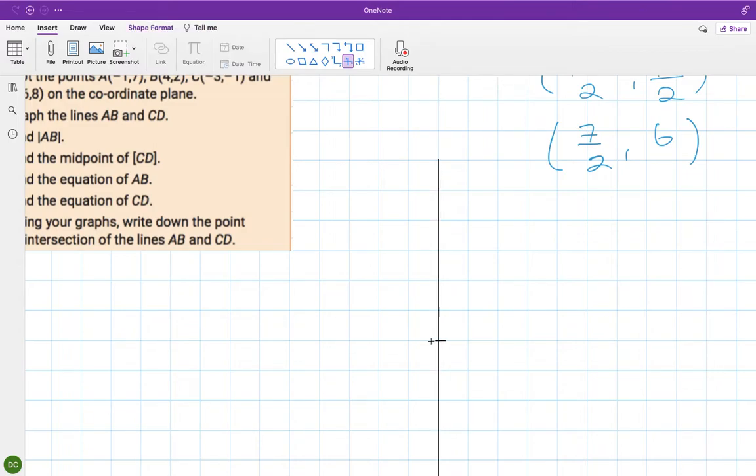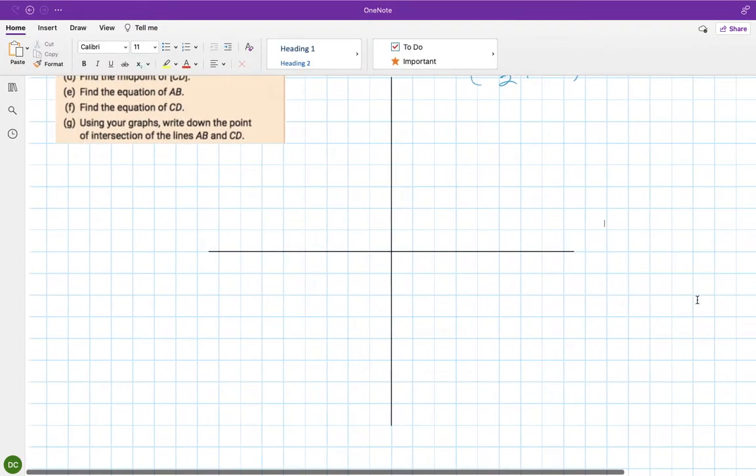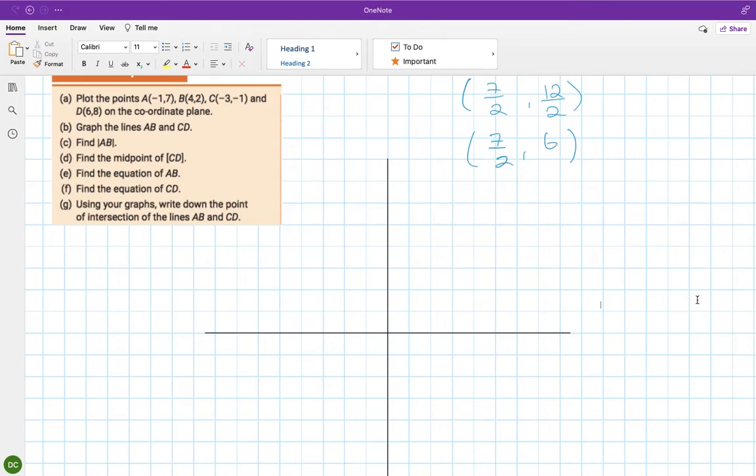So 1, 2, 3, 4, 5, 6, 7, 8. And then 1, 2, 3, 4, 5, 6, 7, 8. Just making sure that I have 8 in each direction. I don't need 8 in each direction, to be fair. I could just go up in 2s, but it's not a ridiculous number, so I'm going to go with it.